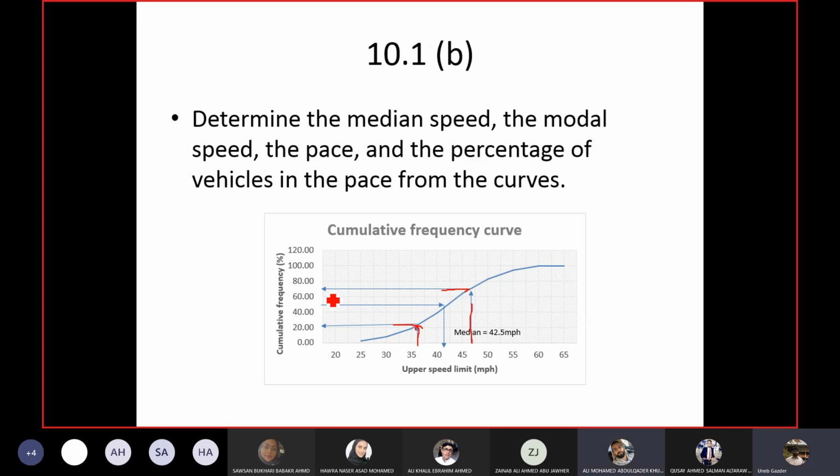Should I add them together? Subtract. Yes, you subtract them, because cumulative means from 0 to that number. From 0 to 37.5, I have 21% values, and from 0 to 47.5, I have 75% values. So between 37.5 and 47.5, you take the difference.